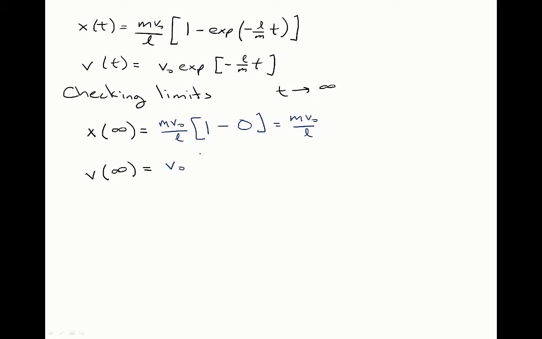This is a negative exponential that goes to 0. So this tells us velocity is going to 0. That means eventually the object stops moving. And x as a function of infinity tells you that it goes a total distance of m v naught over L before it stops.